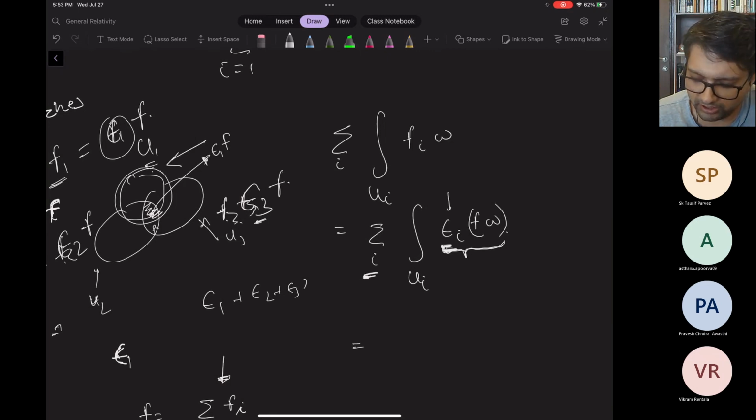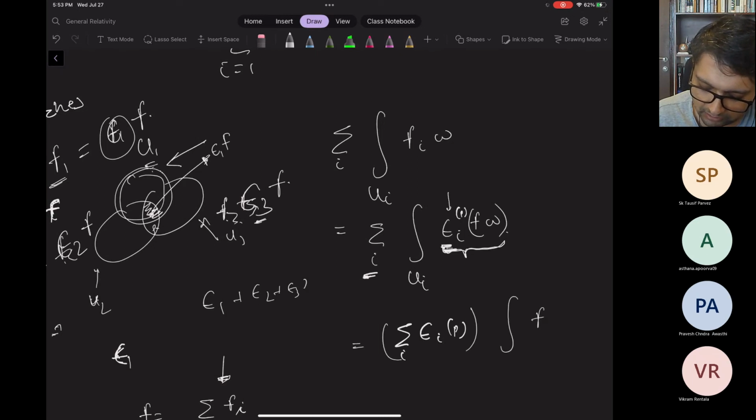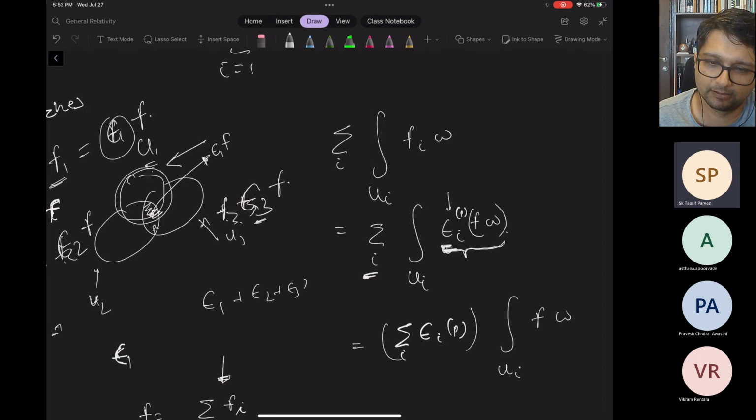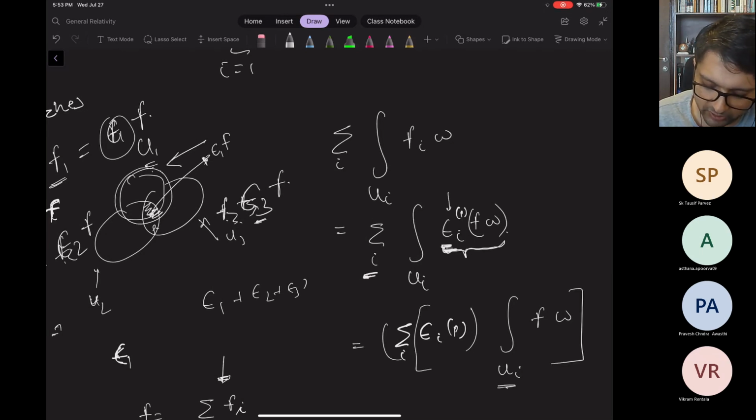If I imagine that epsilon was independent of which point I took, then I could pull this epsilon outside. Roughly speaking, this is what you're doing. Basically each integral is weighted by this epsilon.